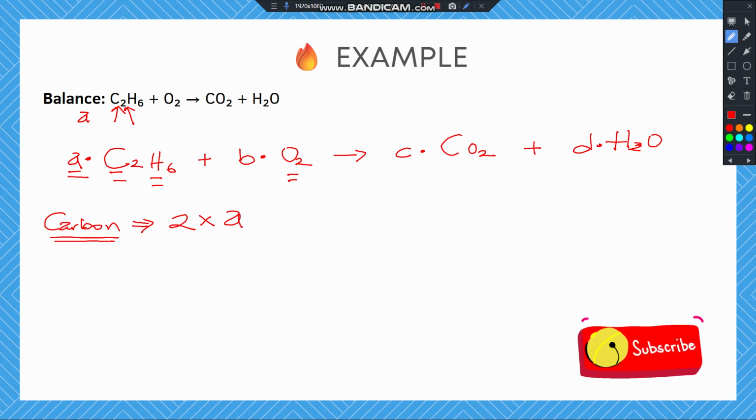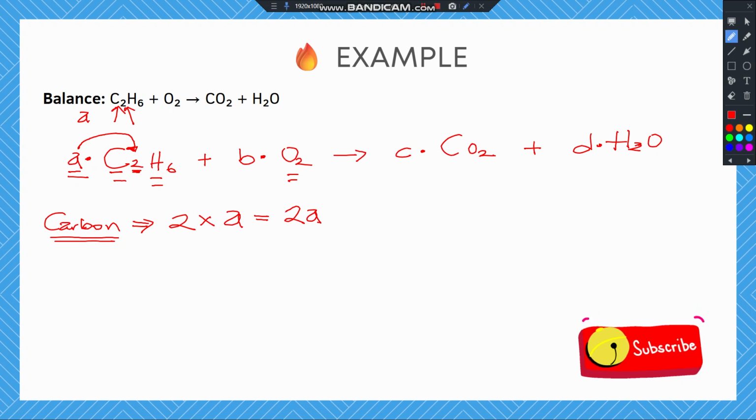This is the coefficient A, and this is the subscript 2. So the number of atoms will simply be the coefficient A multiplied by the subscript 2. So for carbon, on the left hand side, the number of atoms that we have is represented by 2A. Did you get that? I'm sure you did.